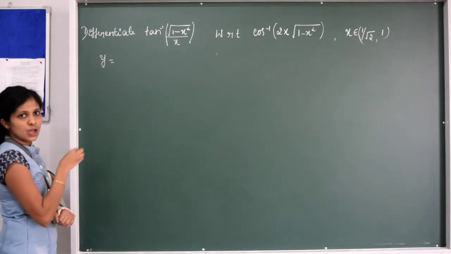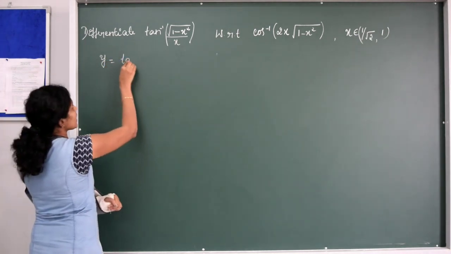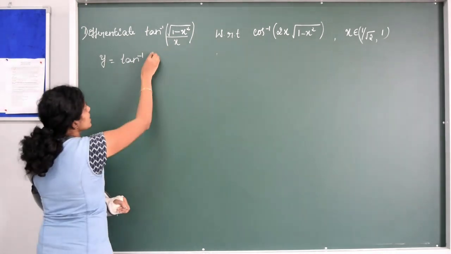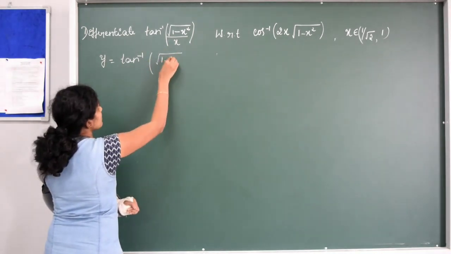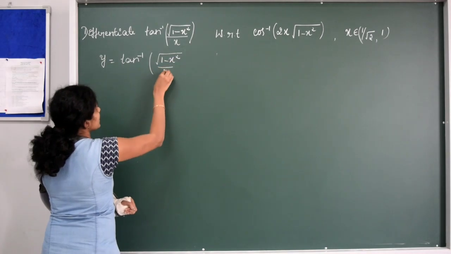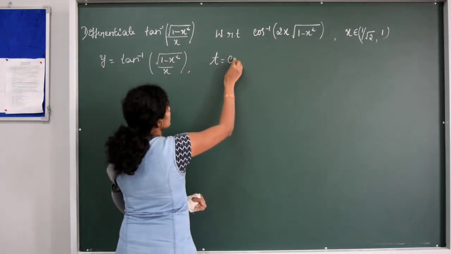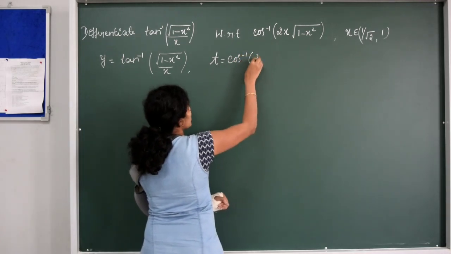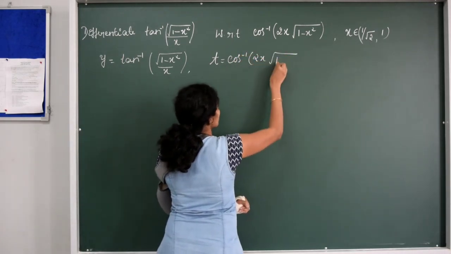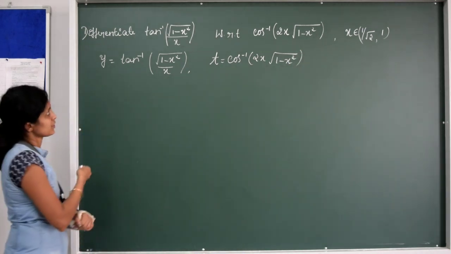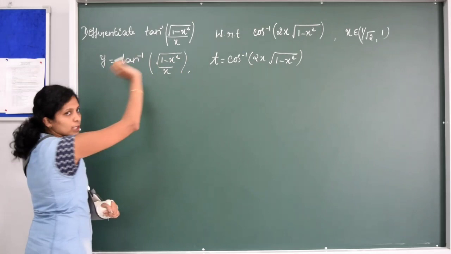Let me consider y is equal to tan inverse of root of 1 minus x square divided by x, and we consider that t is equal to cos inverse of 2x into root of 1 minus x square, because we are differentiating this function with respect to that. Directly we cannot differentiate this one. For that, first we need to give the substitution.